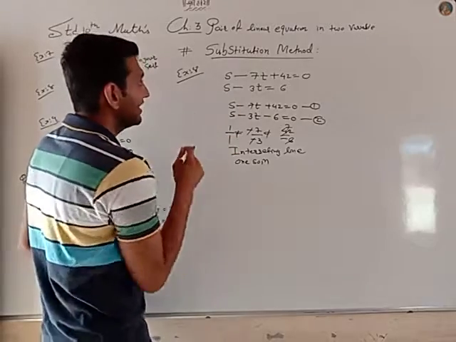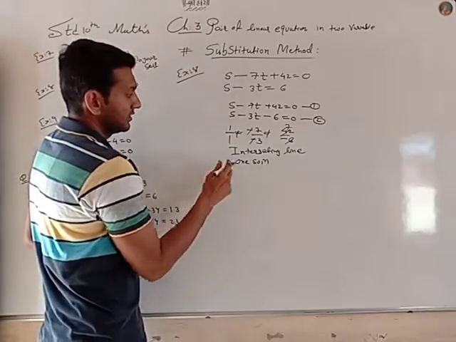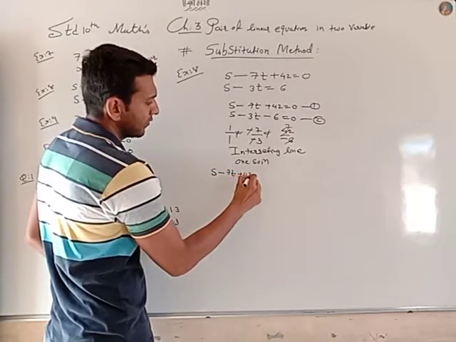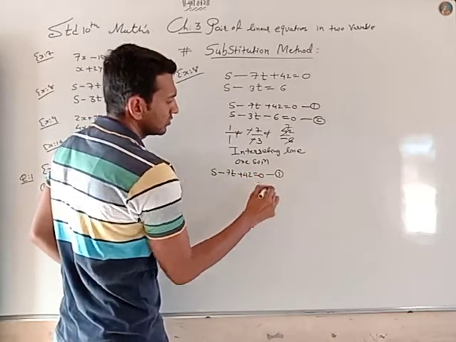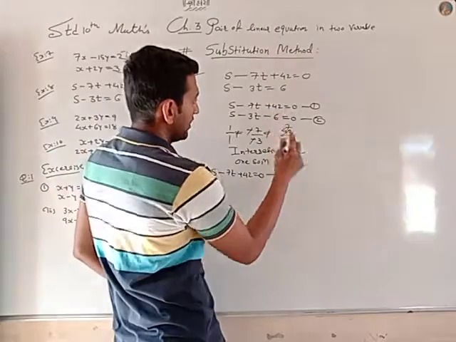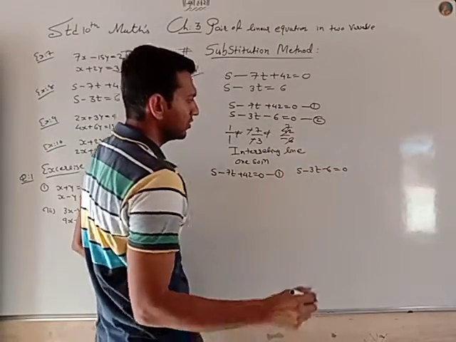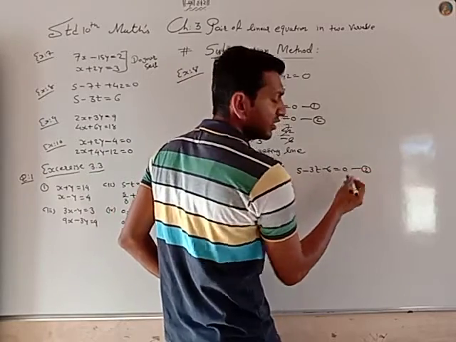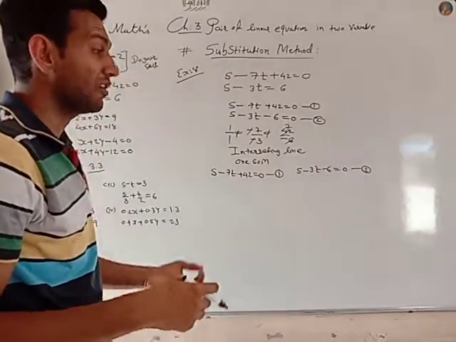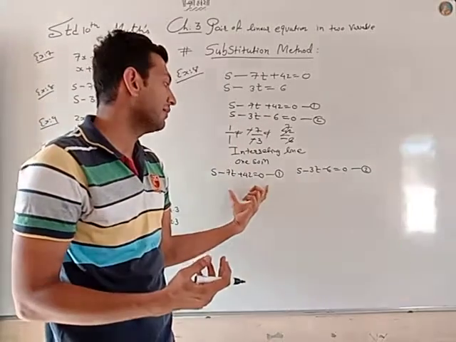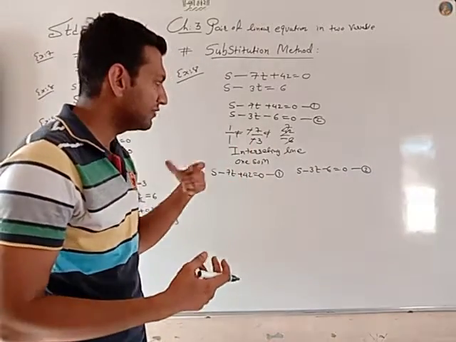So let's start. There is one solution, so s minus 7t plus 42 is equal to 0. And the second equation, s minus 3t minus 6 is equal to 0. I want to solve this by the substitution method. What is the substitution method? Find the value of a variable. You can choose any one.